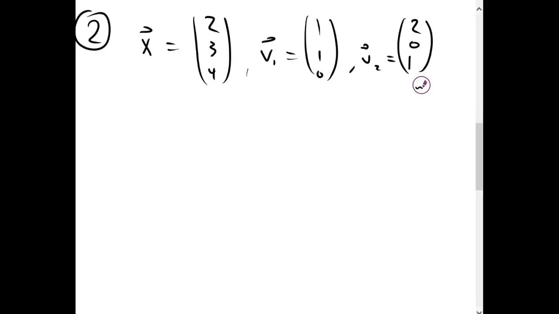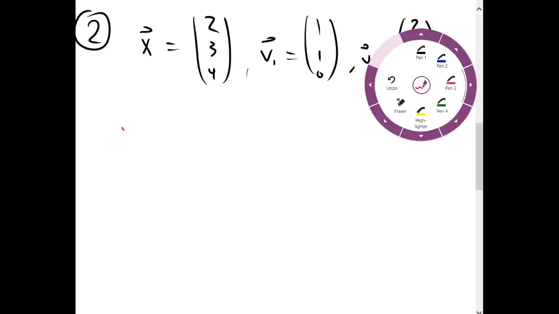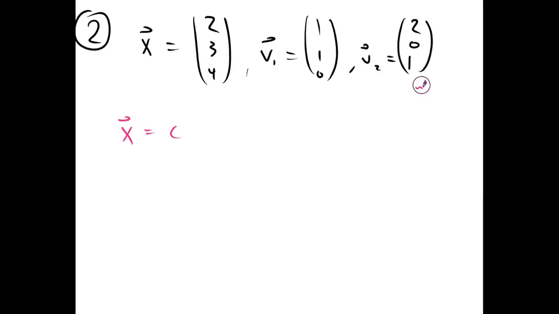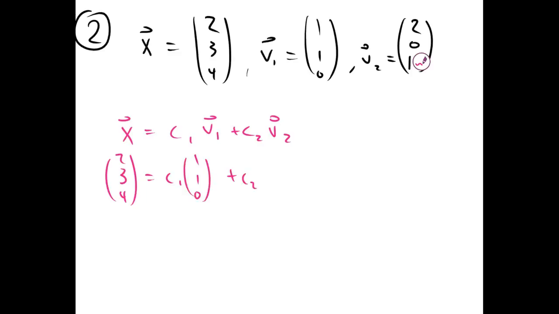So again, we try the same thing, and x can be expressed as c1 v1 plus c2 v2. And this time our system's a little more complicated. 2, 3, 4 equals c1 times 1, 1, 0 plus c2 times 2, 0, 1.